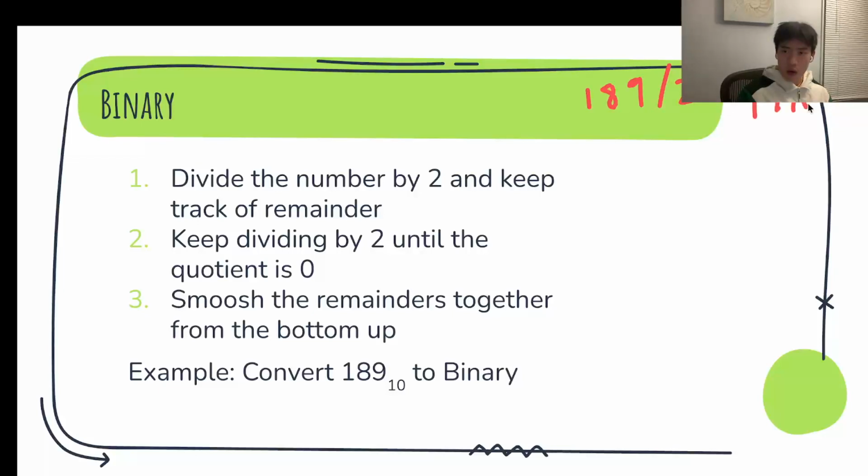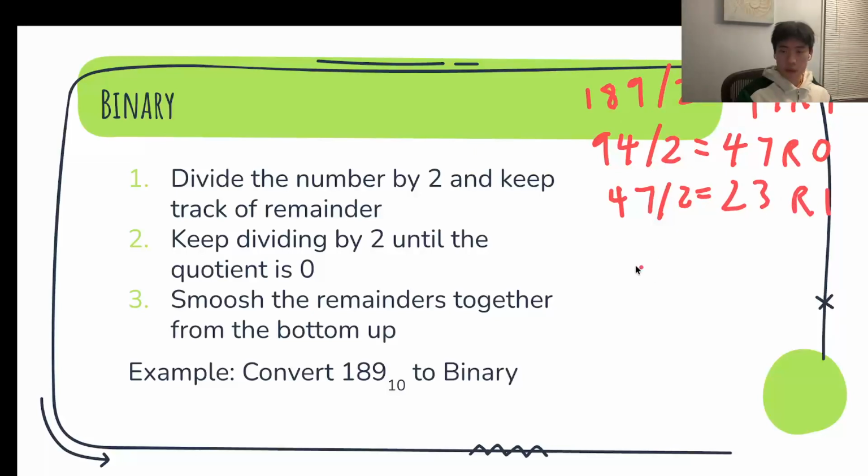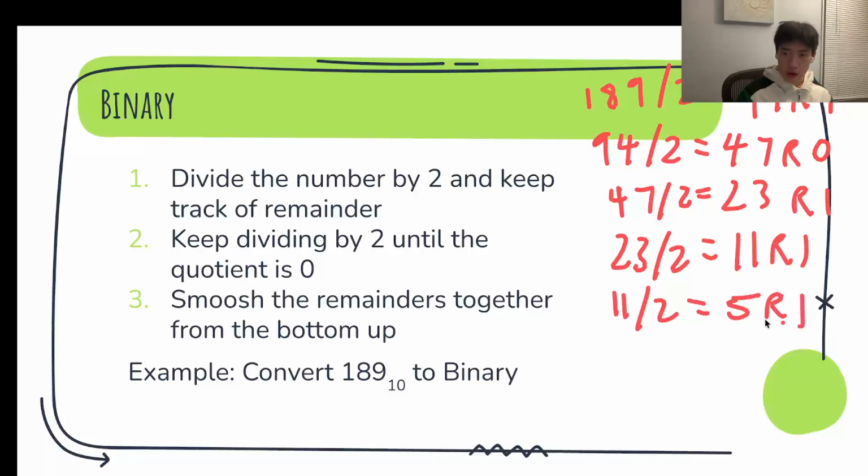Let's do it. So 189 divided by 2 is equal to 94 remainder 1. 94 divided by 2 is equal to 47 remainder 0. 47 divided by 2 is equal to 23 remainder 1. 23 divided by 2 is equal to 11 remainder 1. 11 divided by 2 is equal to 5 remainder 1. 5 divided by 2 is equal to 2 remainder 1.